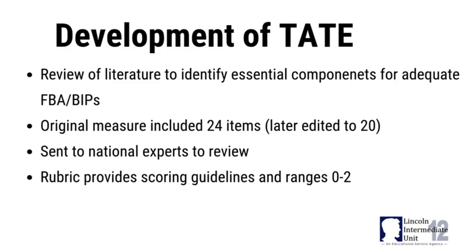Maybe a flawed hypothesis within the FBA. Behavior intervention strategies within the behavior intervention plan not connected back to that hypothesis statement, either because it was flawed from the start or not in the mind of the team as they were developing the intervention plan. And then no process or thought about following through on next steps. How do we make sure that this is the correct plan for the student that we are supporting?